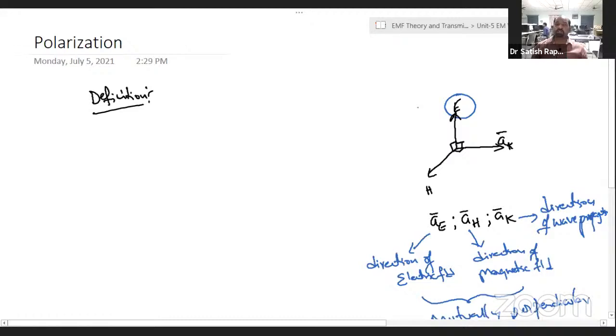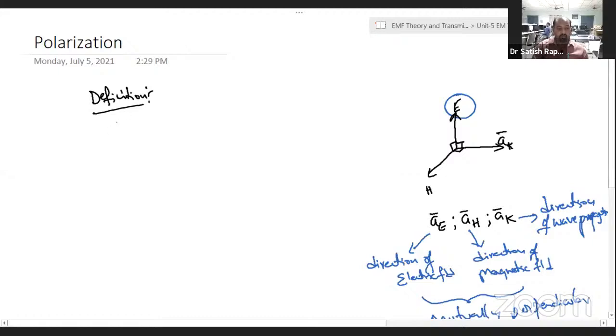So polarization is nothing but orientation of electric field in space with respect to time, how electric field is changing with time, right?